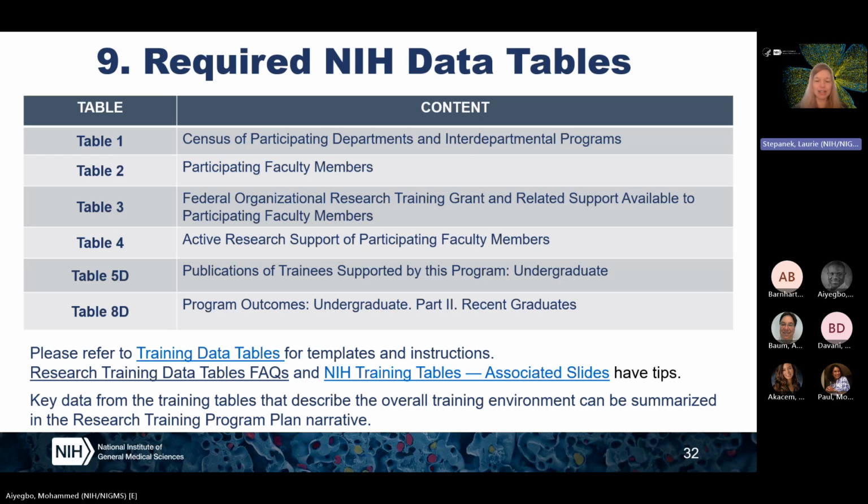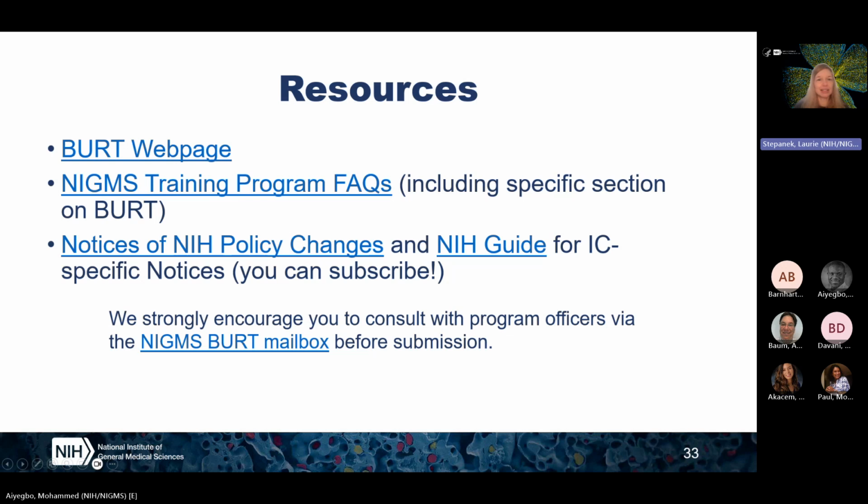The NIH training table associated slides link goes to those that have additional guidance. And then data from the training tables should also be summarized in the appropriate sections of the research training program plan.